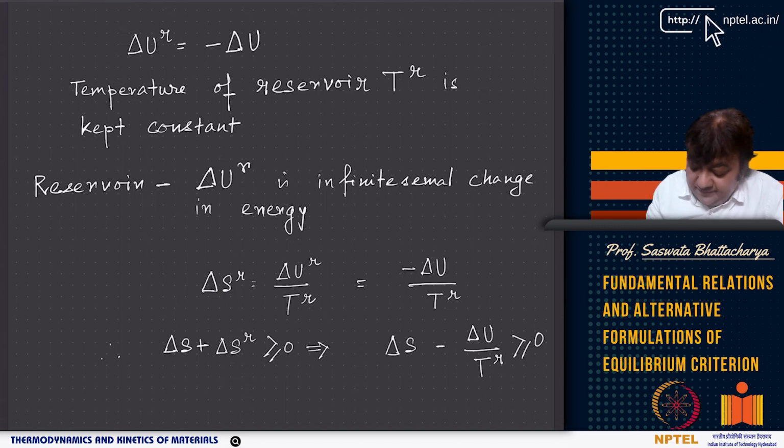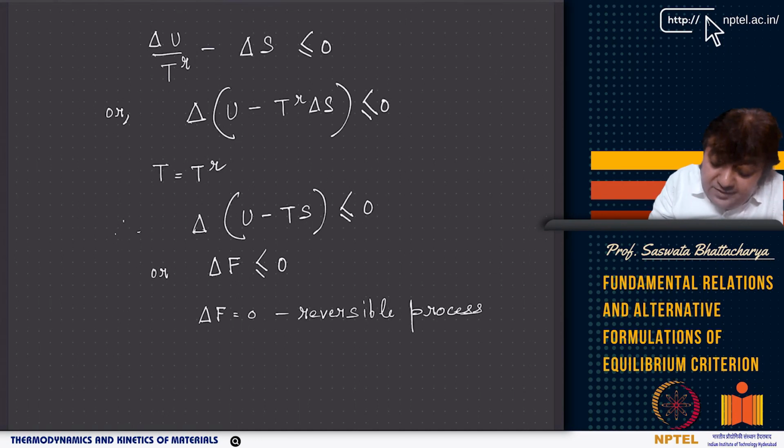So from the second law, delta S plus delta SR is greater than or equal to 0, which implies delta S minus delta U by TR is greater than or equal to 0, because delta SR is minus delta U by TR. Then delta U by TR minus delta S is less than or equal to 0, which means delta U minus TR delta S is less than or equal to 0.